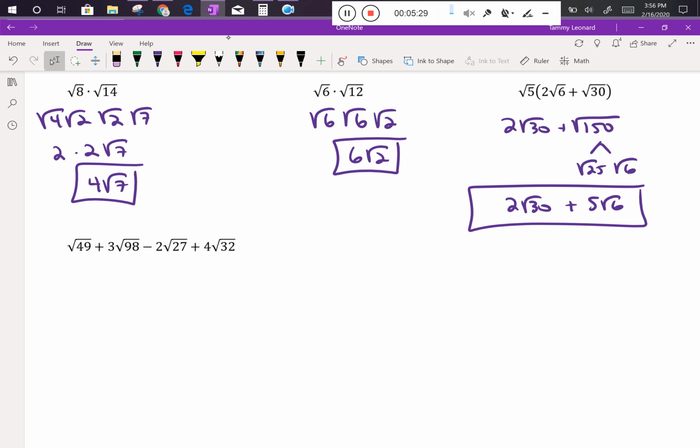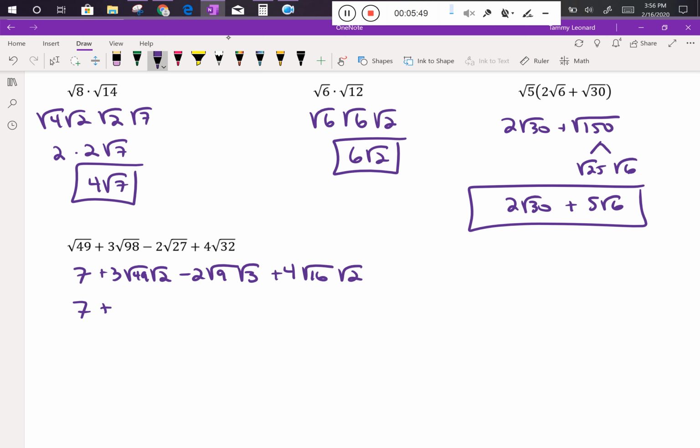Down here, the square root of 49 is 7, plus 3 times the square root of 49 times the square root of 2, minus 2 times the square root of 9 times the square root of 3, plus 4 times the square root of 16 times the square root of 2.